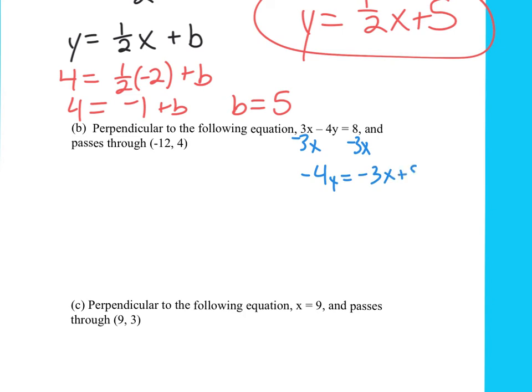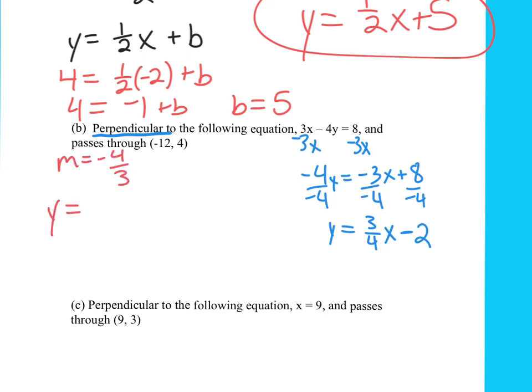Then divide by -4. y equals 3/4 x minus 2. Good. So the slope is 3/4, but I need a slope that's perpendicular to that. So -4/3 is going to be my slope.